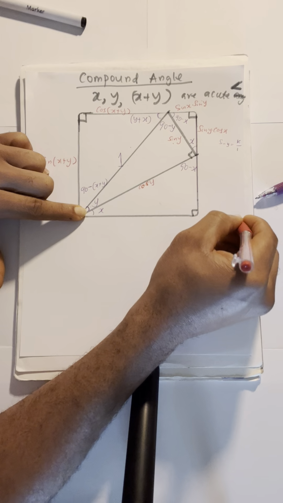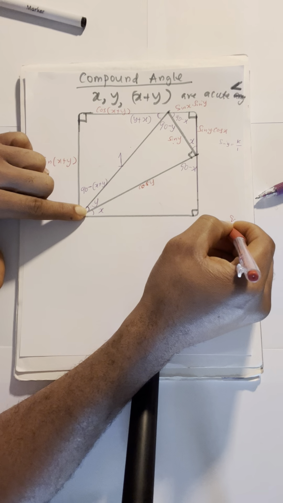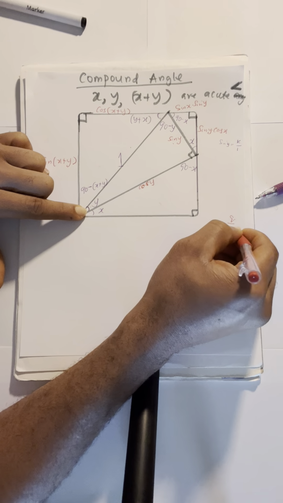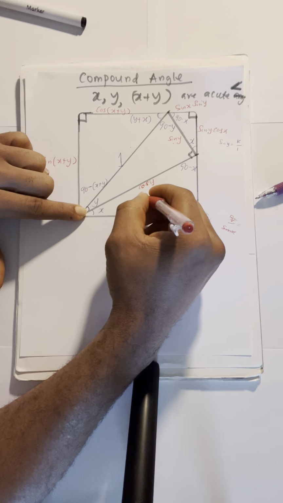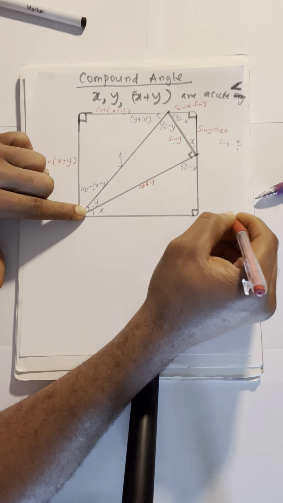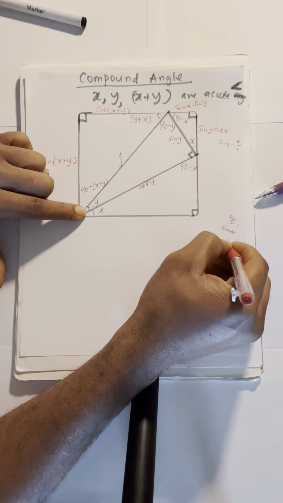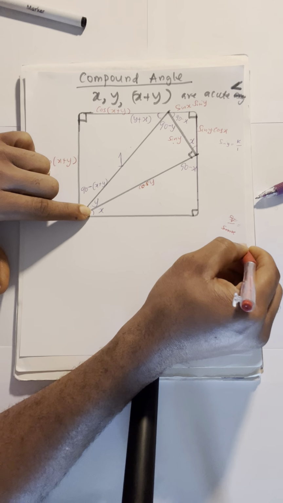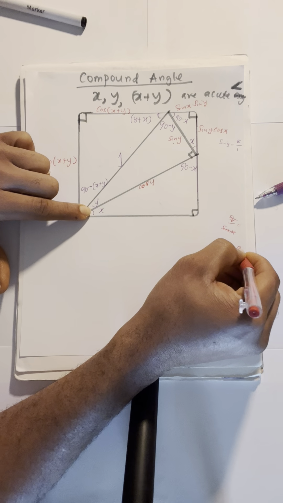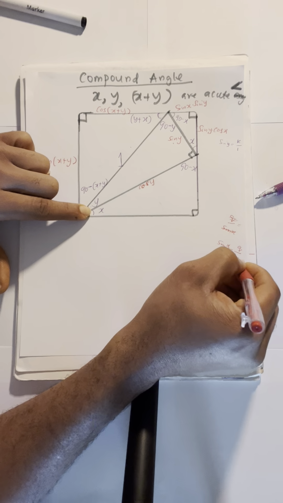Let's call it Q. Sine x is equal to Q over cos y.